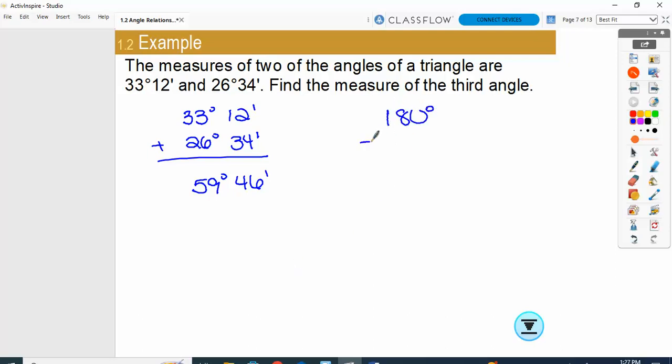And so then we have to subtract that from 180. So this is a good review from last week. What do we have to do here? We have to say 180 degrees is like 180 degrees and 0 minutes. So we have to borrow a degree. And if we bring over a degree, how many minutes does that carry over? 60.